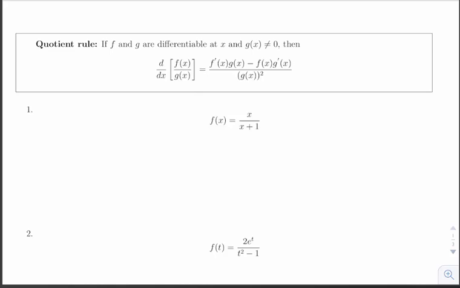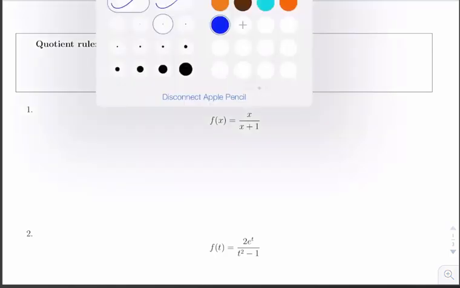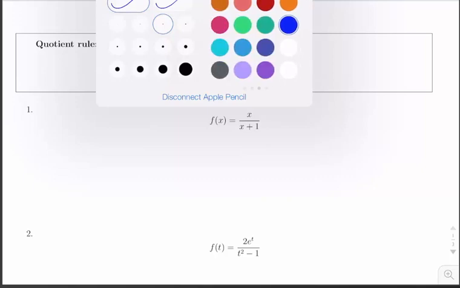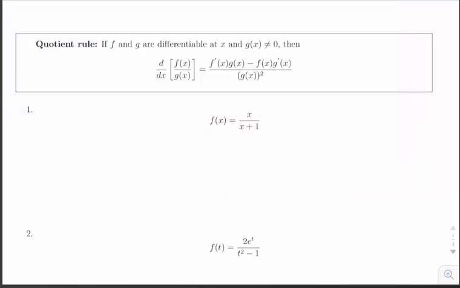Okay, so a couple of things to mention here before we move on to actual examples. The order here matters. Order in the numerator matters. So when you do these computations, make sure that this is what you do: f prime times g minus f times g prime.